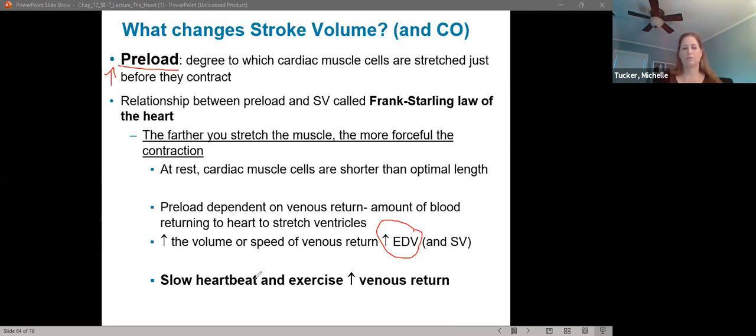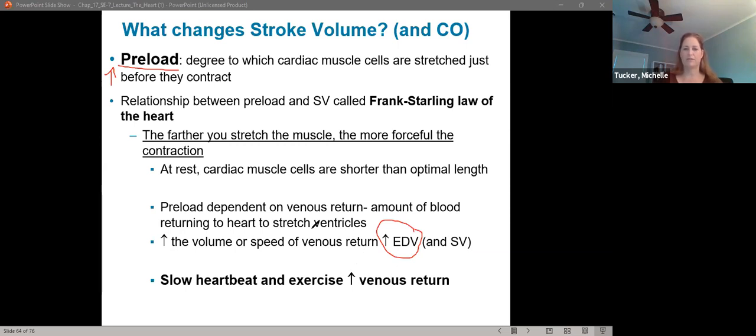A slower heart rate can lead to an increase in end diastolic volume, and then exercise can increase venous return. So the slower heartbeat allows for more ventricular filling time, and then exercise increases the muscular activity, which decreases the amount of blood that is contained in that venous system.